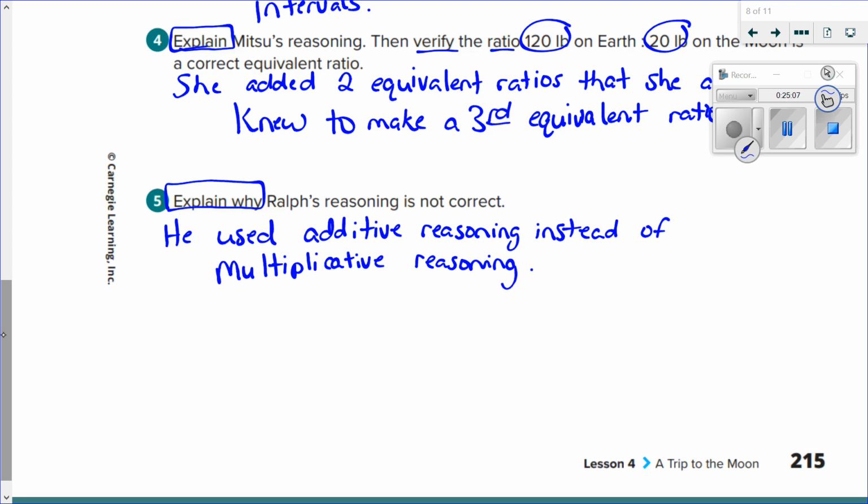Are there any questions about these three? Instead of adding the same number to both numbers in the ratio, he should have multiplied by the same number to both numbers in the ratio. Make sense? Yeah. All right. If you don't have it on your page yet, please watch the video to get the rest of it or borrow it from your neighbor.